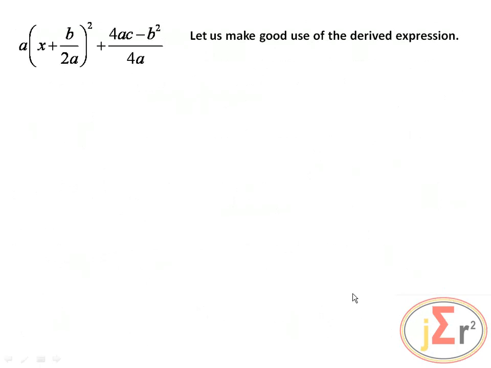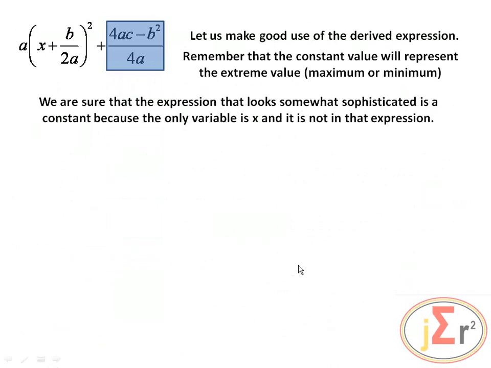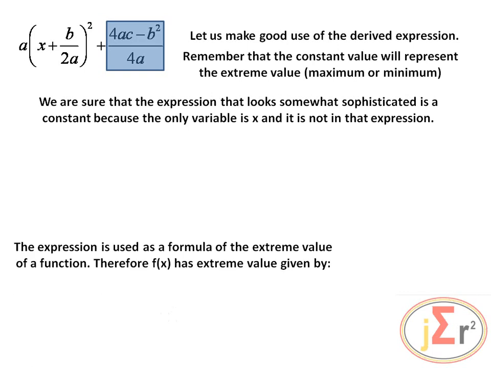Of course, we are going to see that expression again on this slide. So let us make good use of the derived expression. Remember that the constant value will represent the extreme value, which is the maximum or minimum. We are sure that the expression that looks somewhat sophisticated is a constant because the only variable is x, and it is not present in that part of the expression.